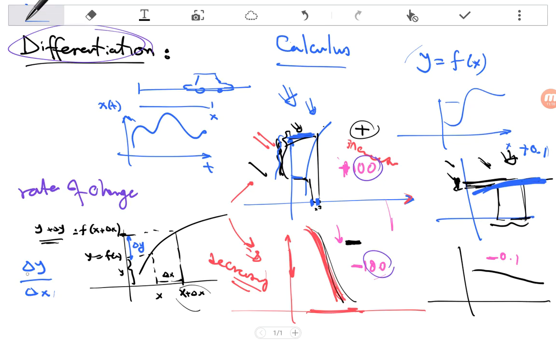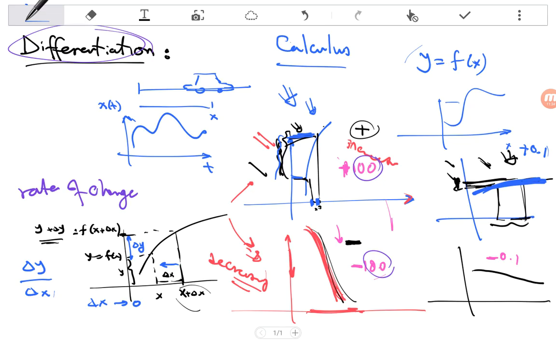Now, to make the measurements more accurate, it would be better to make that delta x as small as possible. And that's why we make delta x approach 0.